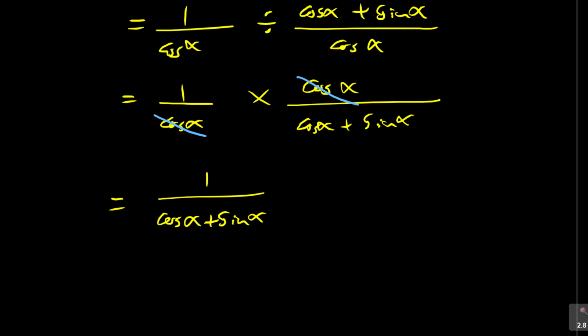If I can divide each item, I'm going to divide. Whenever you're dividing, I need a 1 here. So I'm going to divide by cos alpha, because I want 1 plus.